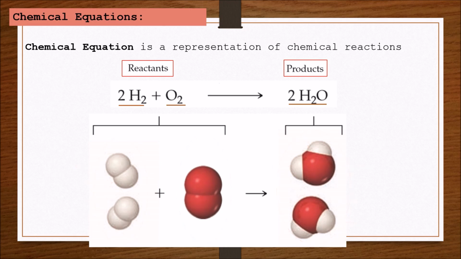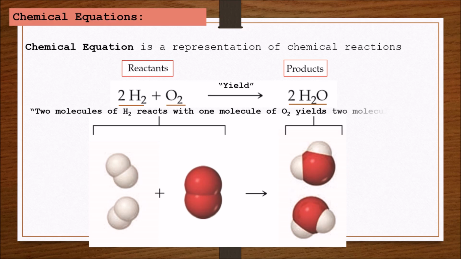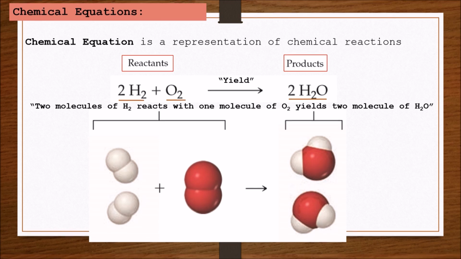Now, this arrow between the compounds or elements is often referred to as yield. So for this example, you can read it as two molecules of H2 react with one molecule of O2 yields two molecules of H2O.